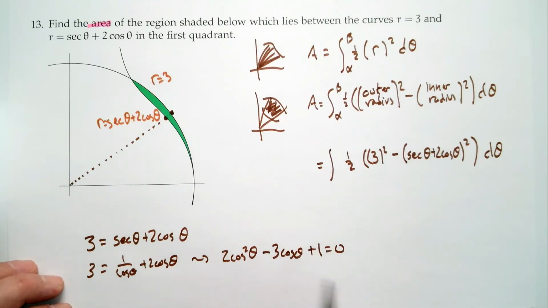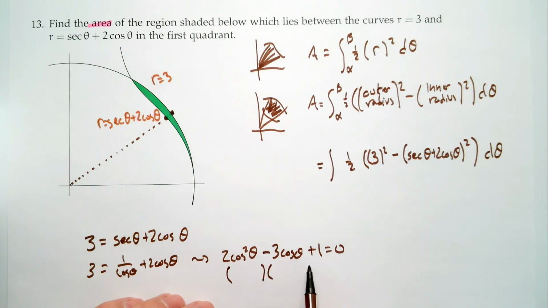This is a quadratic in terms of cosine. We'd like to solve this, and in the ideal situation, it should factor. Does this factor? It does. It factors as 2 cosine theta minus 1 times cosine theta minus 1.